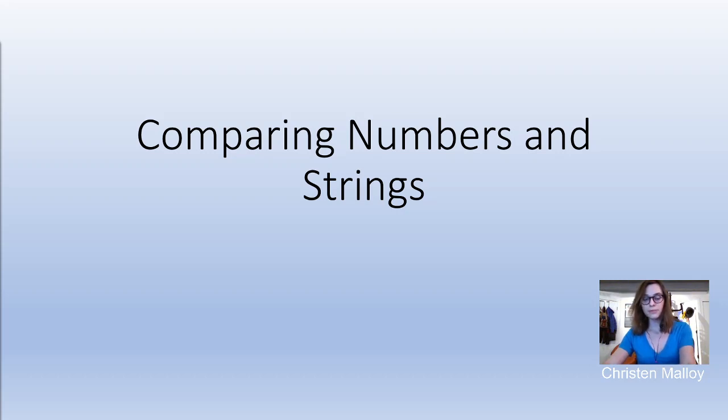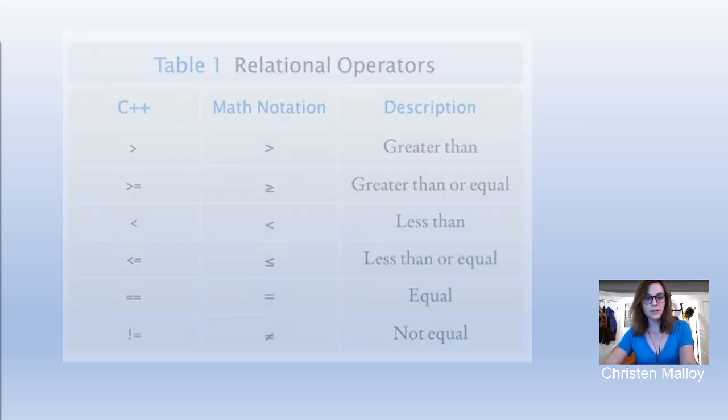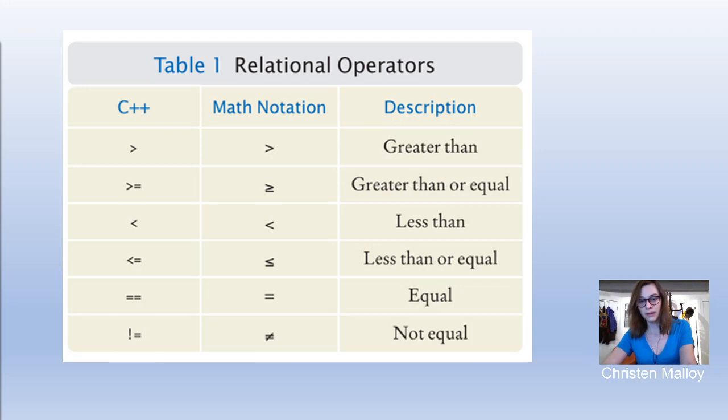In this video, we will cover the use of comparing numbers and strings with the comparison operators. The comparison operators are just like math notation, but in C++ will have slightly different syntax. Notice that the greater than or equal, less than or equal, the equal, and the not equal notations have C++ operations.